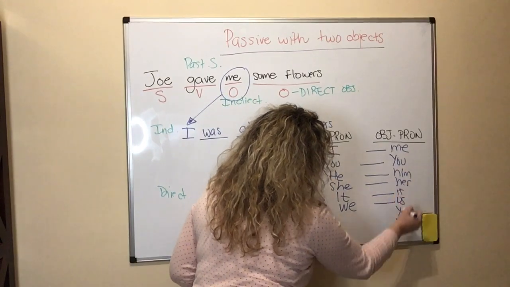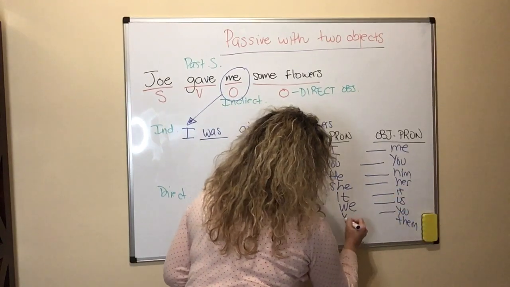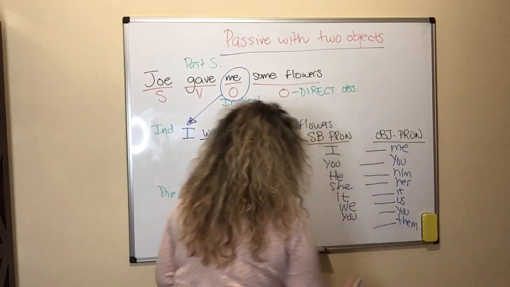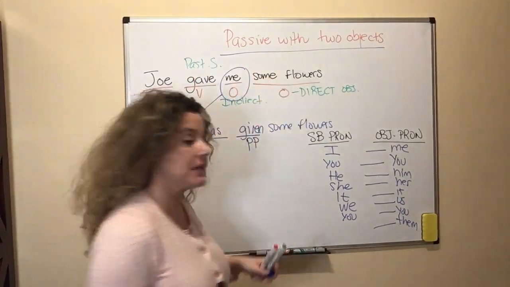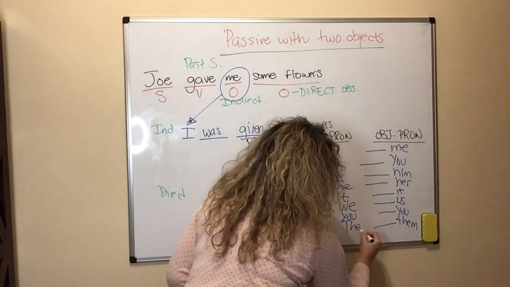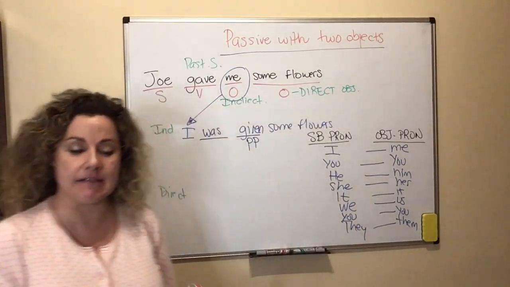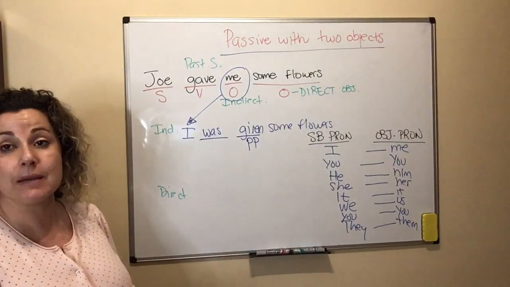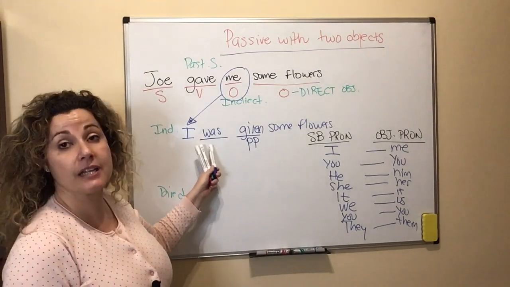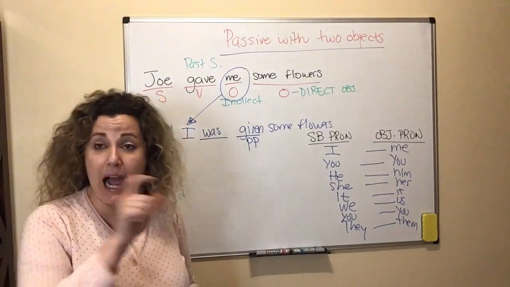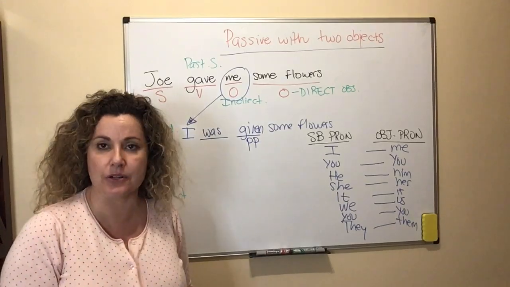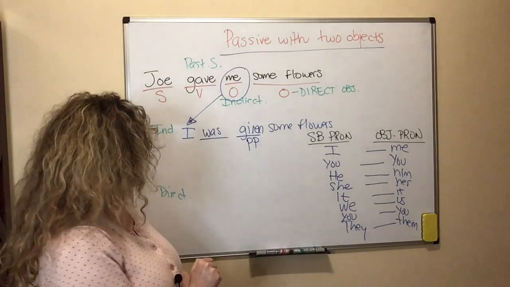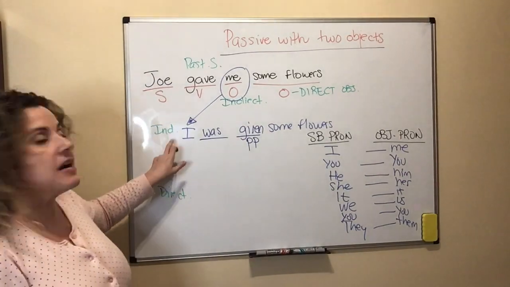The same as you in the plural, this wouldn't change. And finally, Joe gave them some flowers would be they were given some flowers. So depending on the subject pronoun, remember that we have to change the verb to be. I was, you were, he was, they were, etc. Plus past participle. Okay, so this was the first possibility.